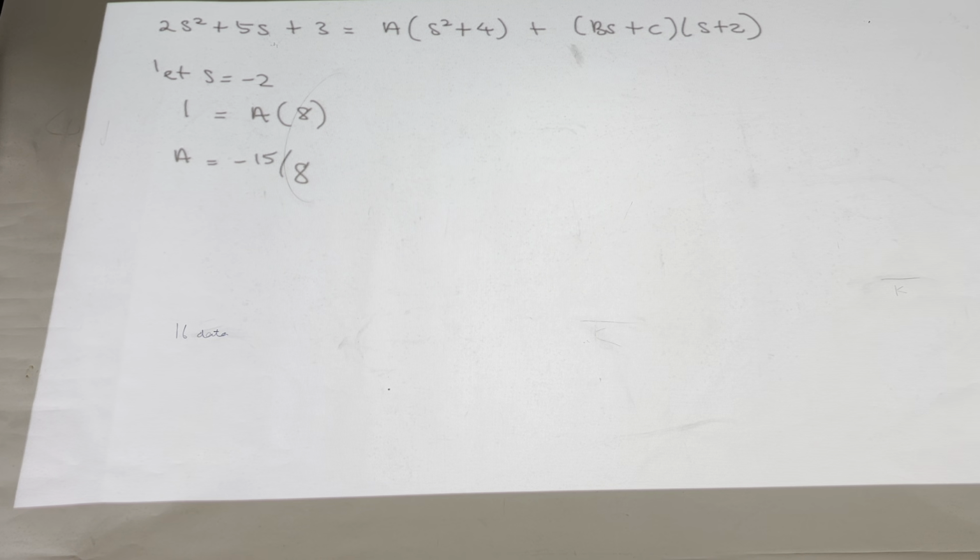This is 1, so A is 1 over 8. Do you all believe me? Right? 2 times 2 is 4, 4 minus 10 plus 3.